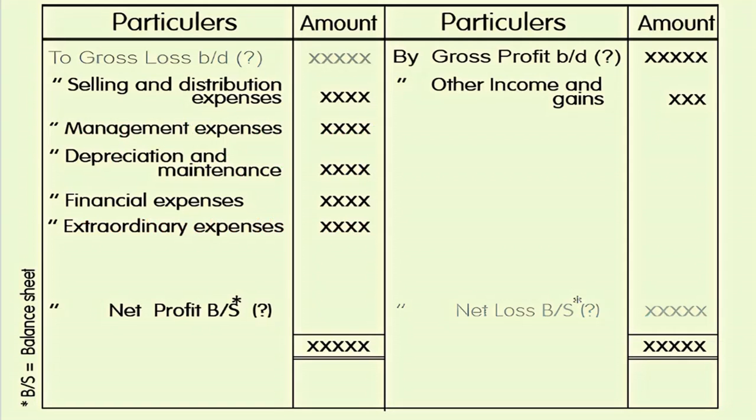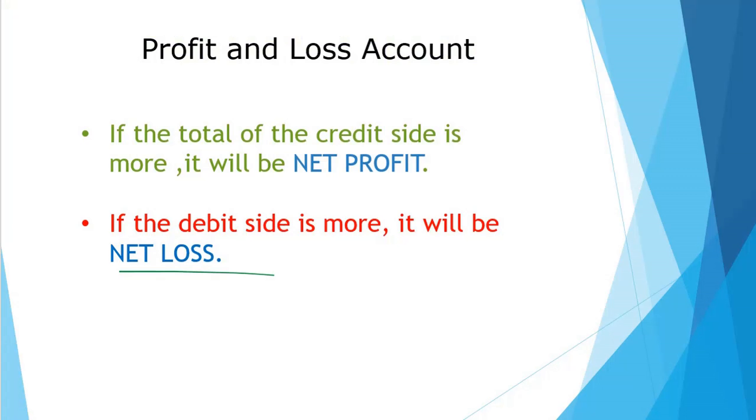Let us see how to apply these things in the problems. This is the pro forma of the profit and loss account. Here these are the particulars and amount. This is the debit side. For each and every table we need to write the debit and credit side, CR and DR. I already told you that if the total of the credit side is more, it will be net profit.